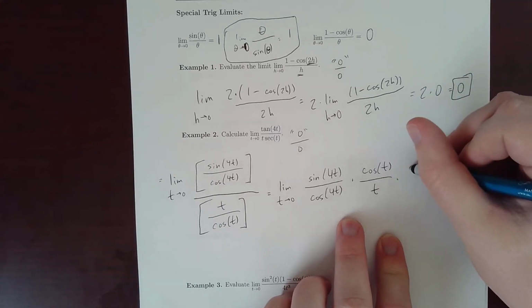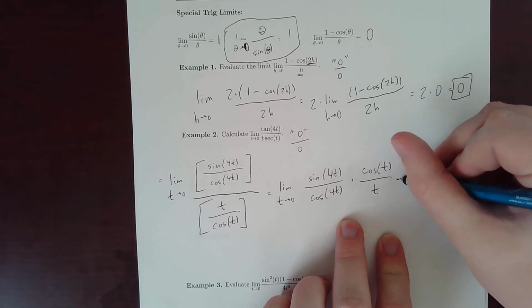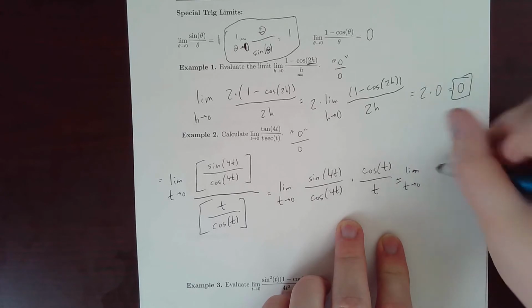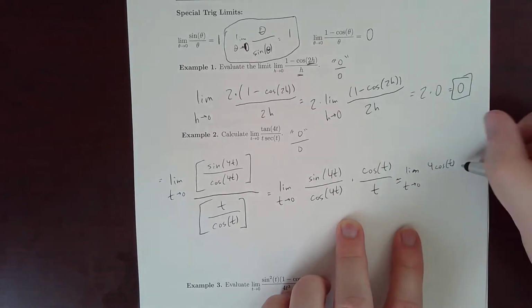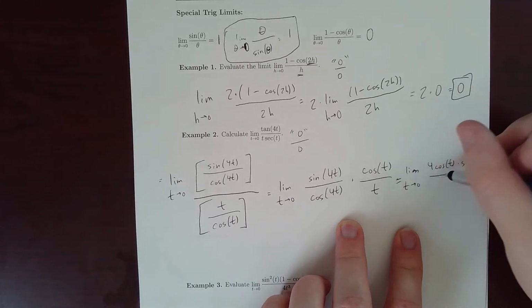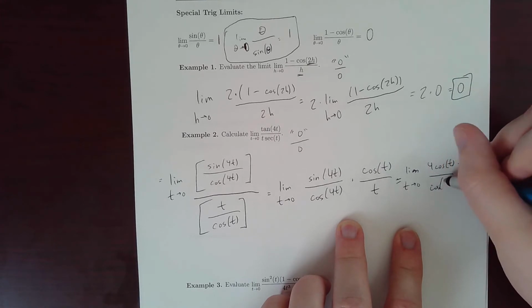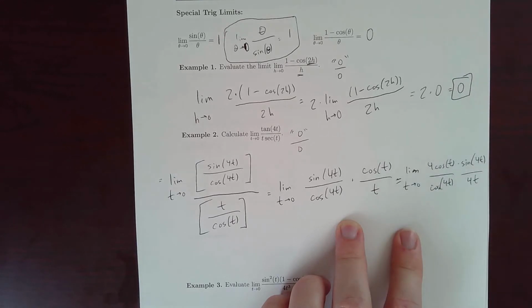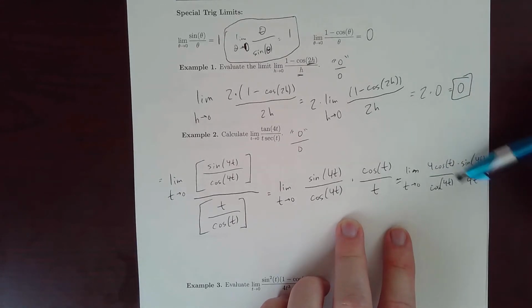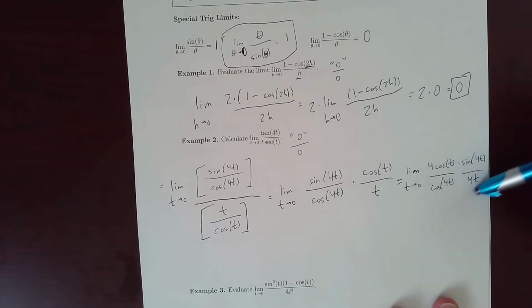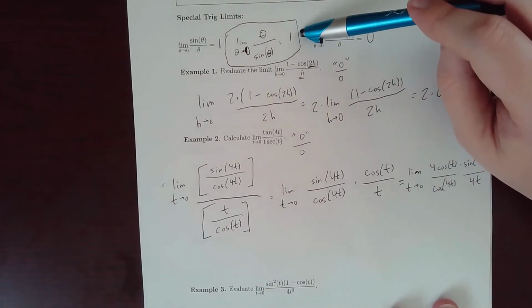So this will give us the limit as t approaches 0 of 4, I'm going to rewrite it a little bit, cosine of t times the sine of 4t over the cosine of 4t over 4t. So again, we multiply the numerator and the denominator by a 4. And so in doing so, this part of the limit will become 1.